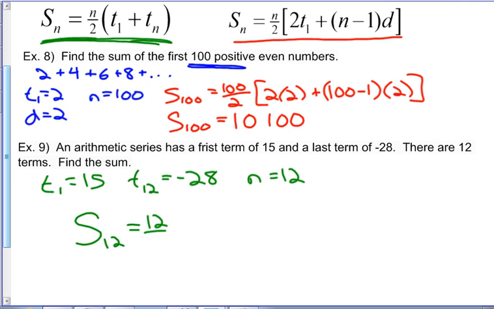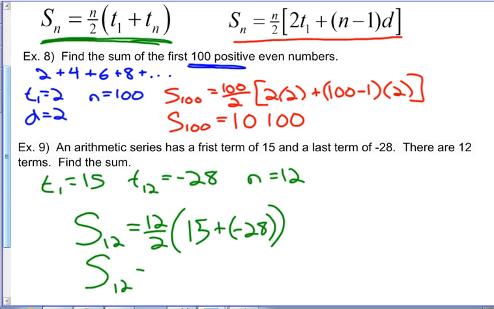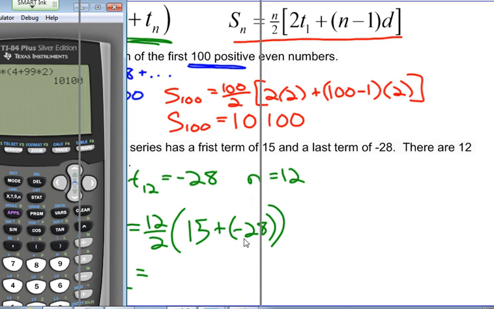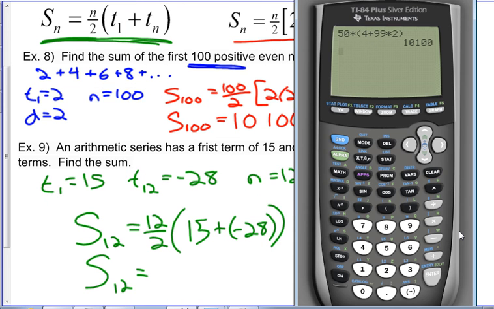So that's 12 over 2 times T1, which is 15, plus negative 28. Okay, and again, I'll put that in my calculator, but I'm going to give my calculator the fewest opportunities to give me a hard time. So 12 divided by 2 is 6, times 15 minus 28, that's negative 13. Boom, negative 78.